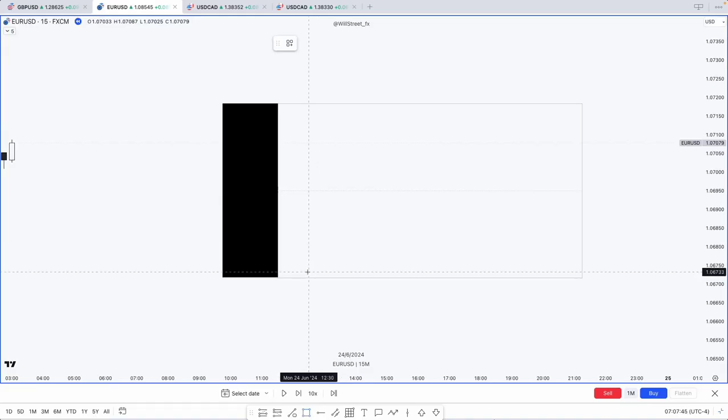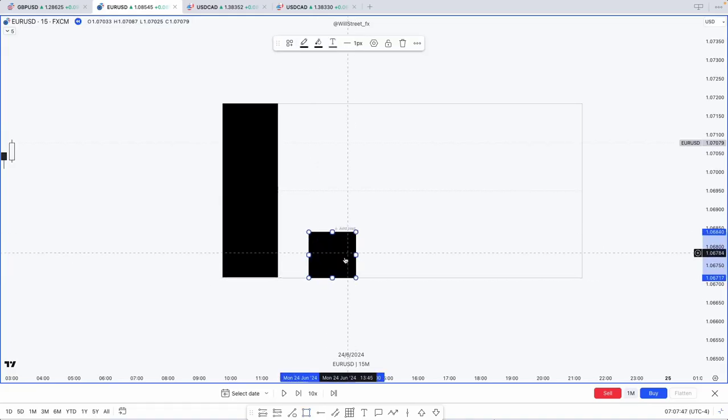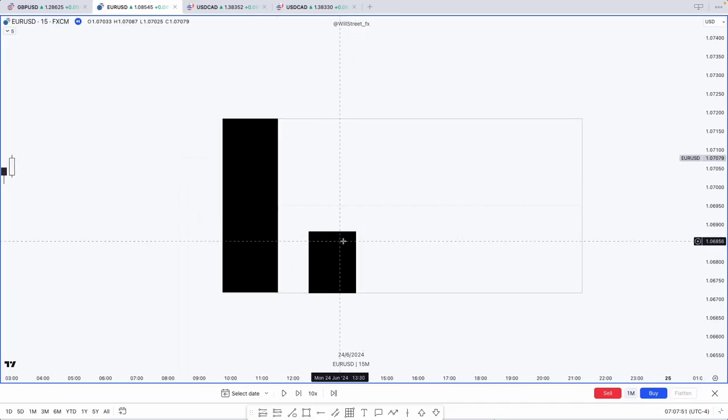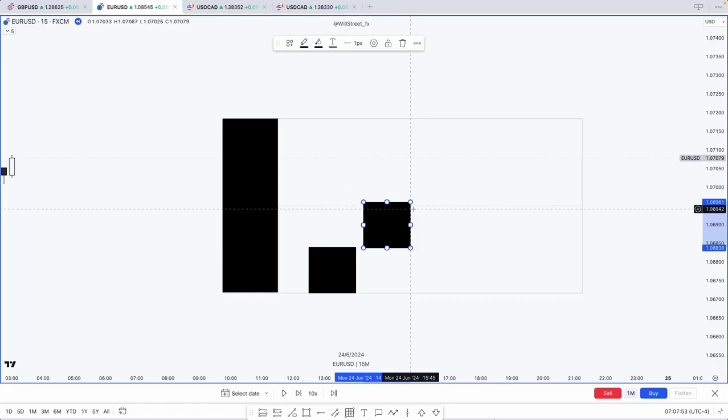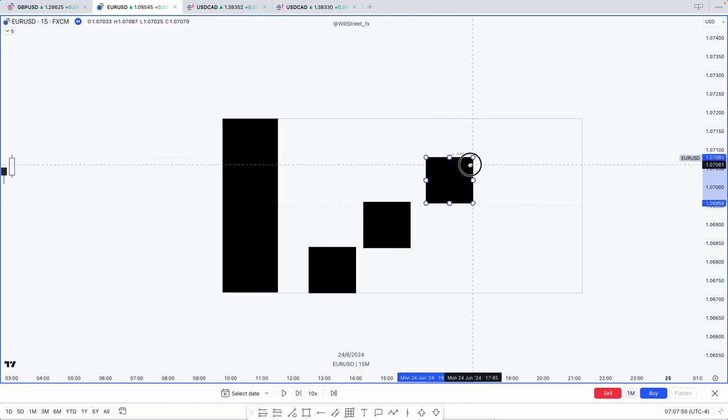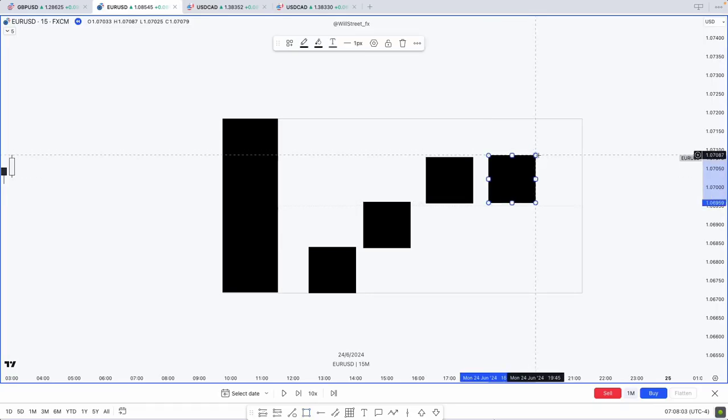Similar to the previous one. Really obvious down liquidity. Right? But going into New York, what happened? A red flag that you will see on the red flag episode.